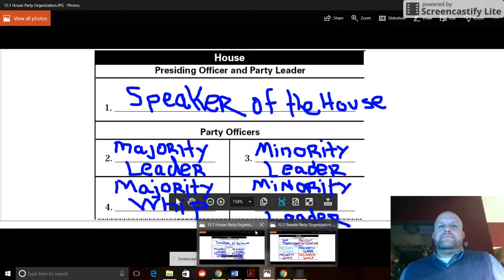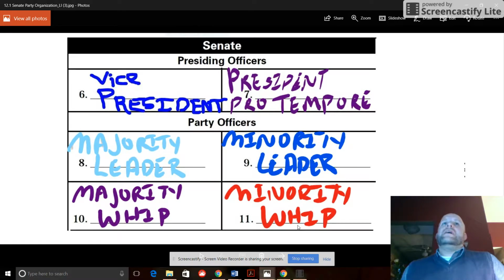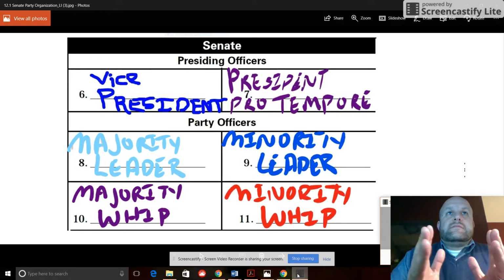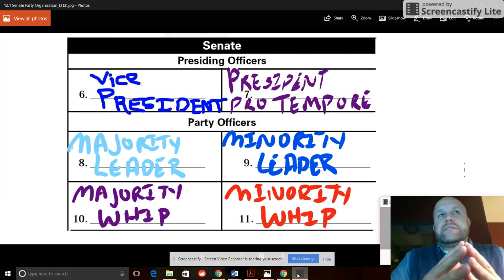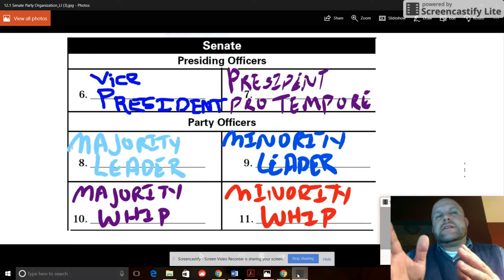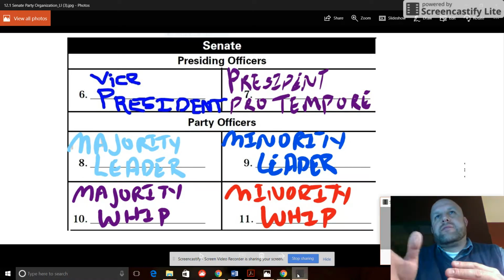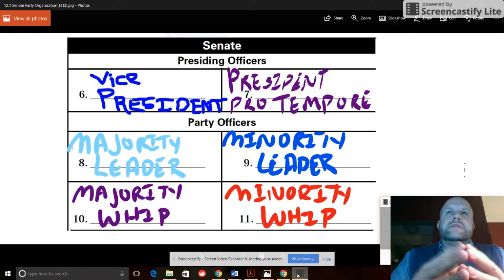In the Senate, the vice president presides over the Senate, but he's not actually a member of the Senate. We'll get to his functions in a second. When the vice president, who's often absent and only needed in certain circumstances, is not there, the president pro tempore steps in, often called the president pro tem.